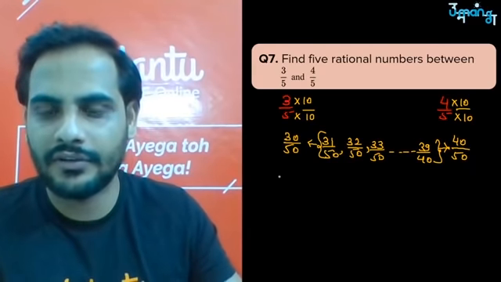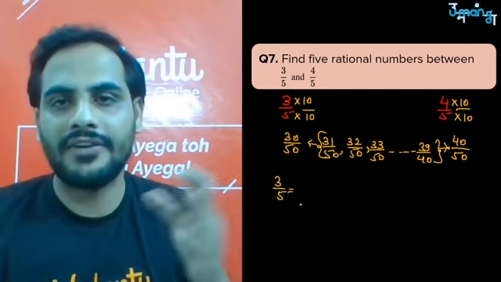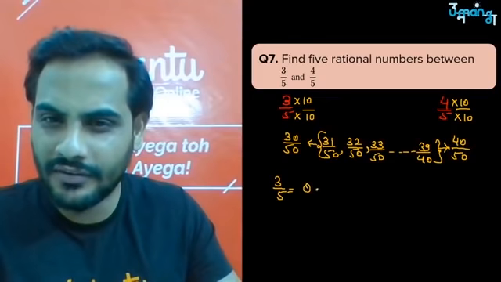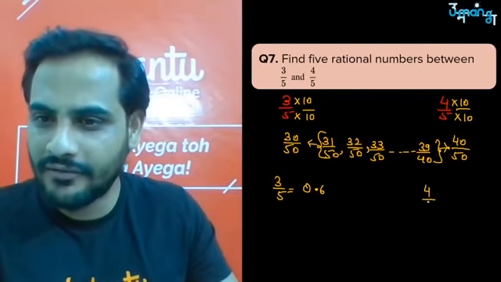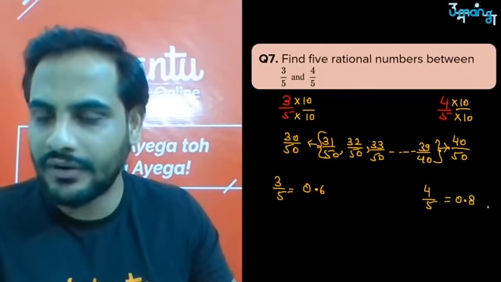Let's keep the ink as it is. So 3 by 5, if you write it in the decimal form, divide 3 by 5, you will get 0.6. And divide 4 by 5, you will get 0.8. So now we need to write an irrational number between 0.6 and 0.8.